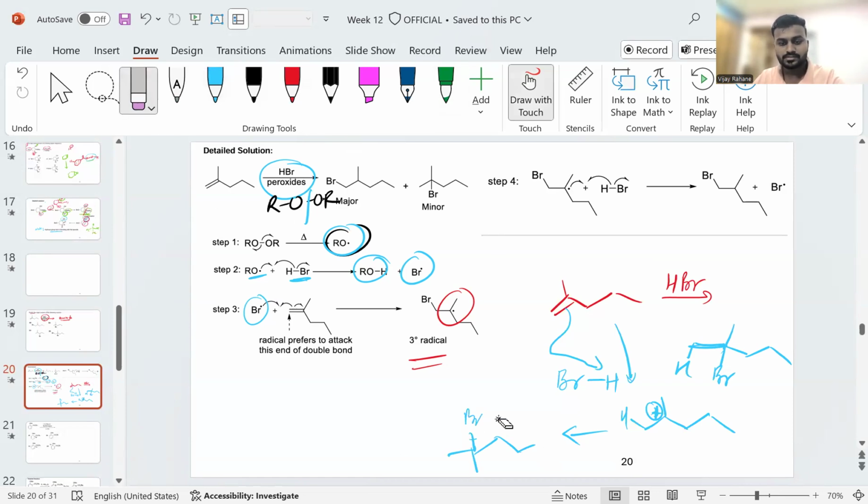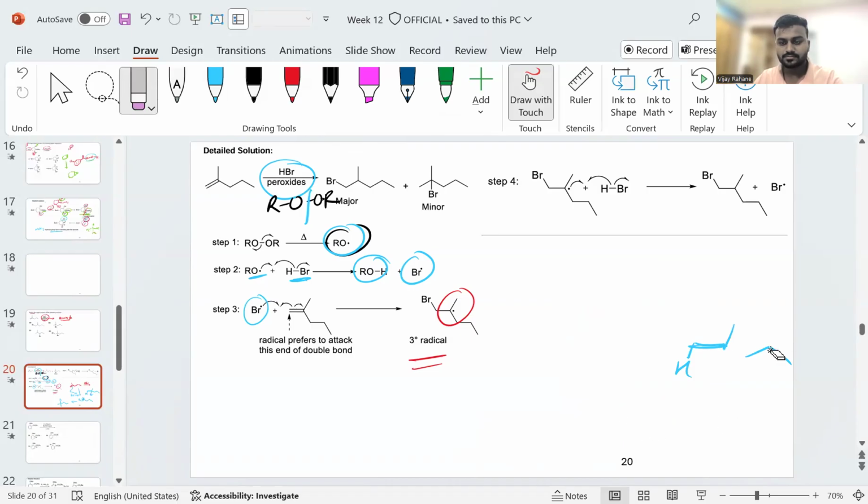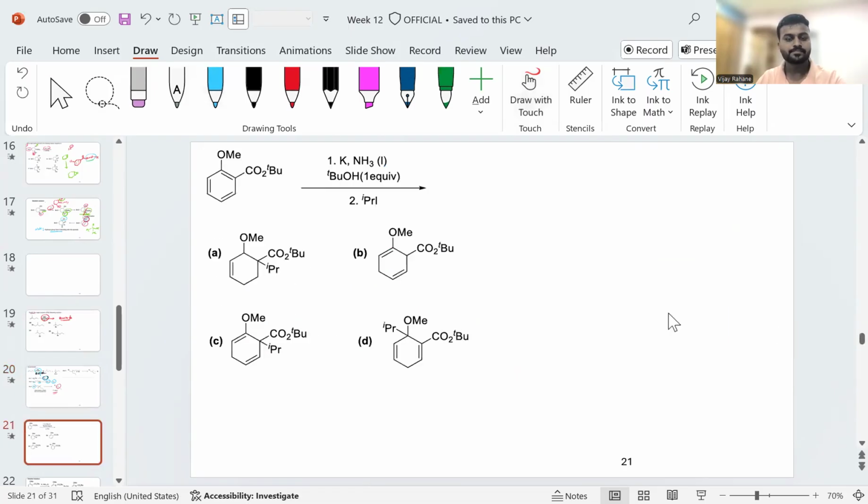I'll just remove this one because you may get confused by it. As we have seen with only HBr, we get the opposite product because of carbocation intermediate formation, in the case of only HBr without peroxide. But in the presence of peroxide, the reaction goes via a radical mechanism.